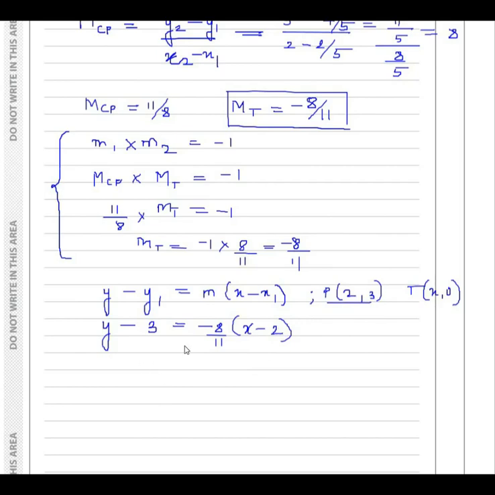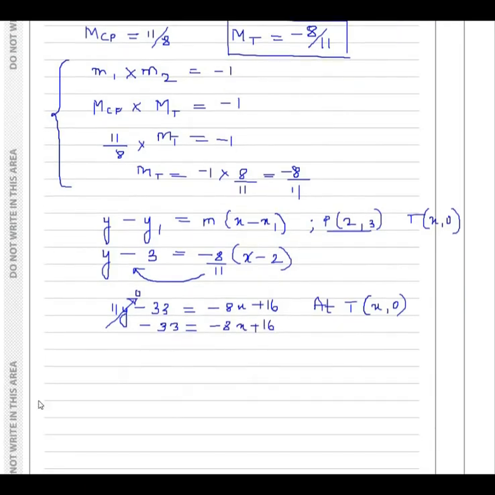Now, taking the 11 over here, we get 11y minus 33 equals -8x plus 16. Now at point T, the y coordinate is 0. So wherever y is there, we will take it as 0. So 11 times 0 is 0, and we are left with -33 equals -8x plus 16.